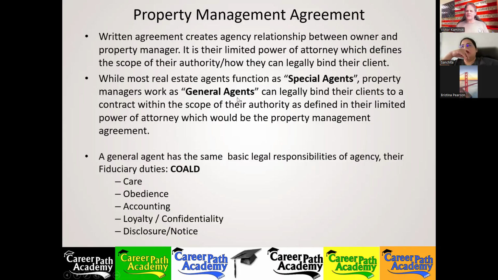So remember, property managers, general agents, and special agents, we're all agents and we have the fiduciary duties we owe our clients. COLD, COALD: care, obedience, accounting, loyalty, and disclosure.